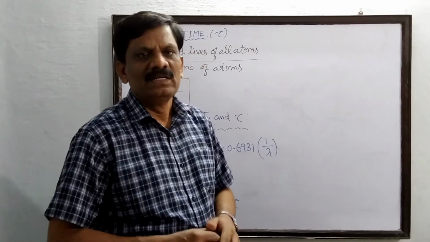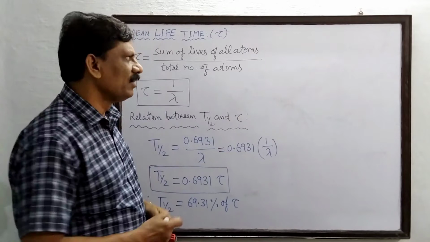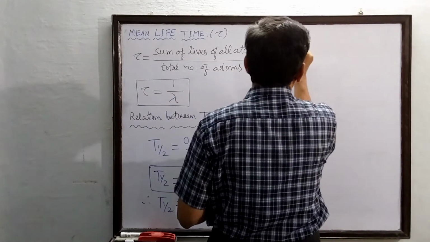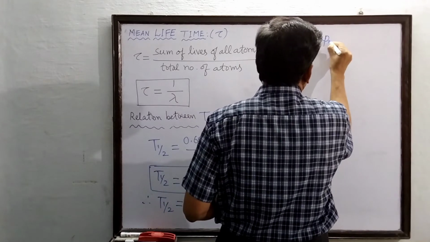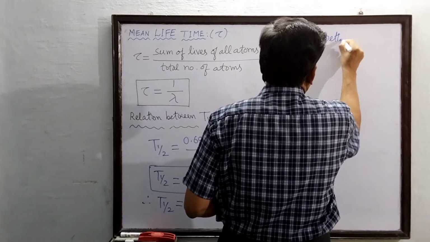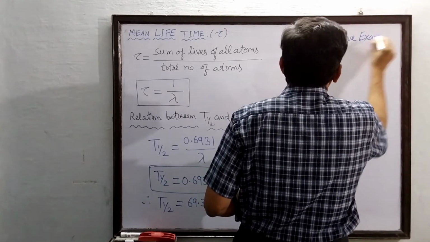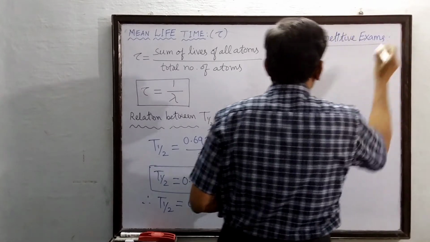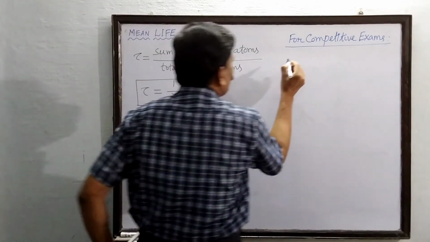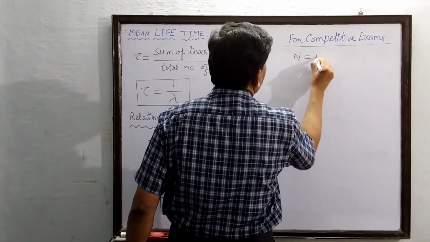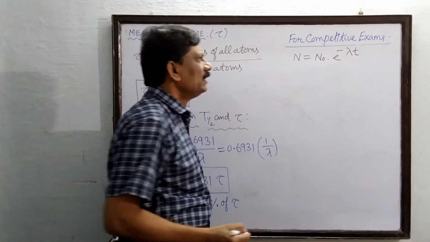Okay, students. Now I am going to write some interesting equations for solving numerical problems in competitive exams. We have studied the decay equation: n is equal to n0 into e to the power of minus lambda t.